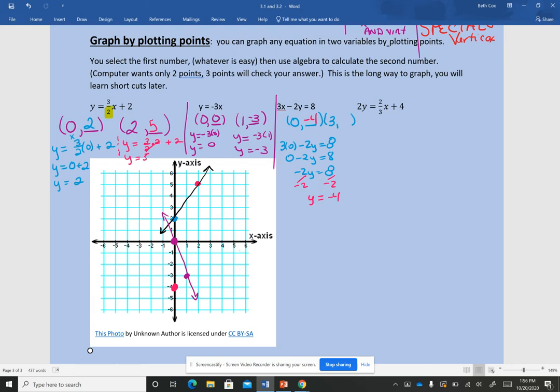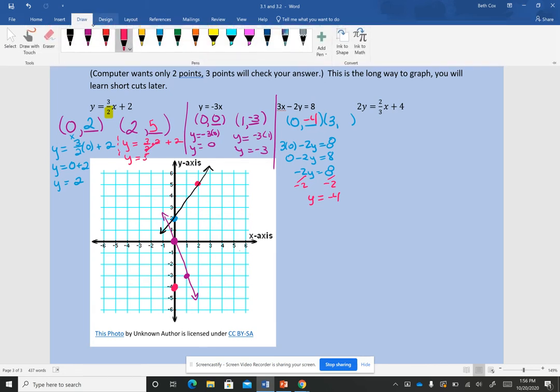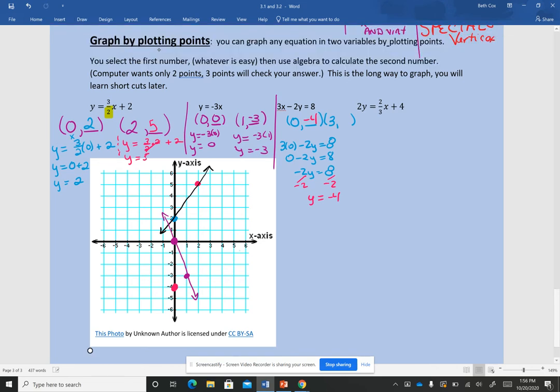Okay, so now I'll do the next one. Plug in the 3 for the x. So that has 3 times 3 minus 2y equal 8. So that's 9 minus 2y equal 8. Ooh, I have to do a little more solving.